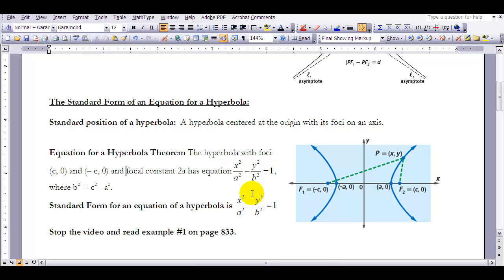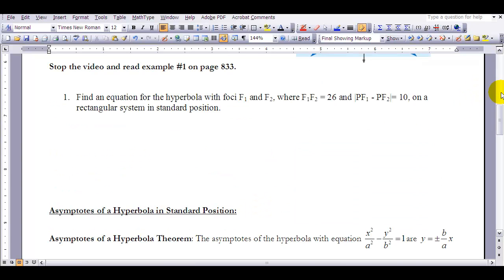Notice how the form is exactly the same as the ellipse, except that, just like with the focal constant, we take the difference with the hyperbola and the sum for the ellipse. At this time, if you could just take a minute to stop the video and read through example 1 on page 833.